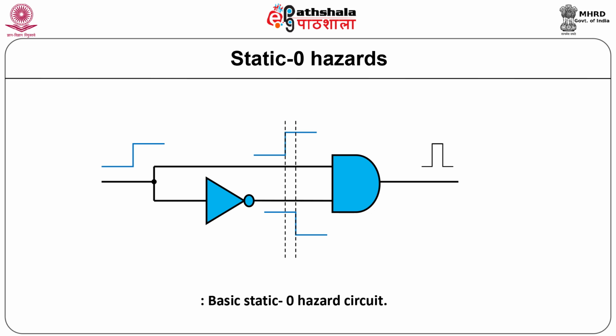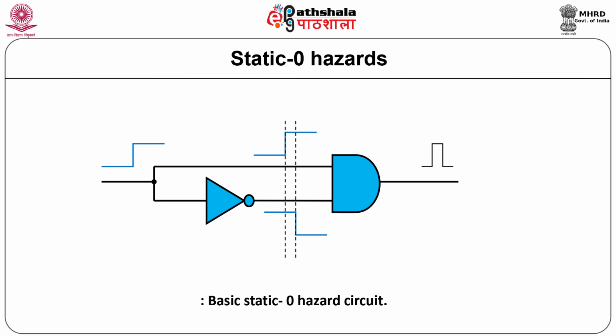As the NOT gate is present at one of the inputs of AND gate, the signal at the input is delayed by one NOT gate delay time. When the input signal is at logic 0, NOT gate output is at logic 1. Hence, the output is at logic 0.